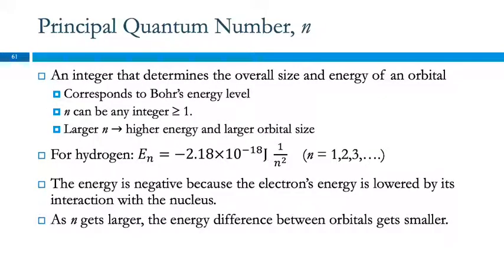This is all going to just be a big muddle for a while, so just bear with me and hopefully we can put it all together at the end. So the principal quantum number determines the overall size and energy of an orbital, and this corresponds to Bohr's energy levels. So now you can see why Bohr's model of the atom seems kind of friendly, right?